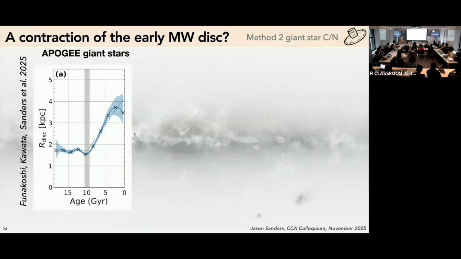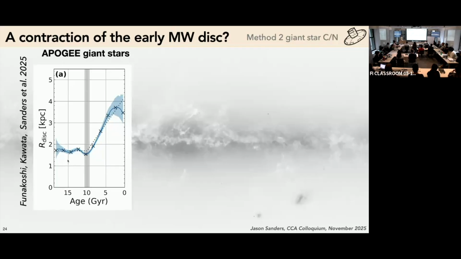And an extension of that work from 2019, Natsuki Funakoshi, who's a PhD student at MSSL, part of UCL, extended this timeline back beyond the 6 billion years we showed previously, and went all the way back further.